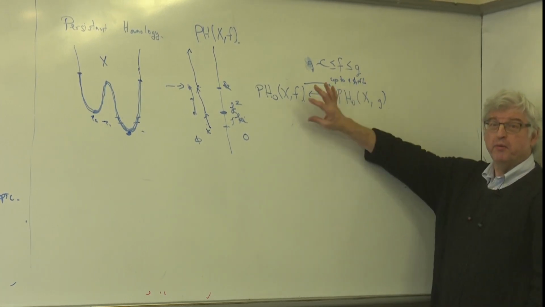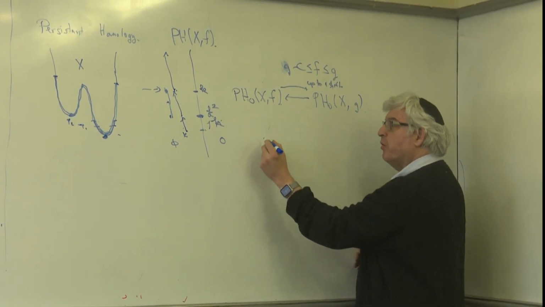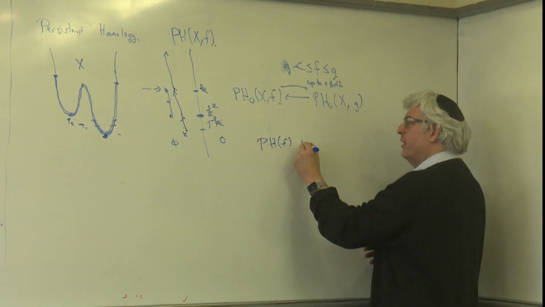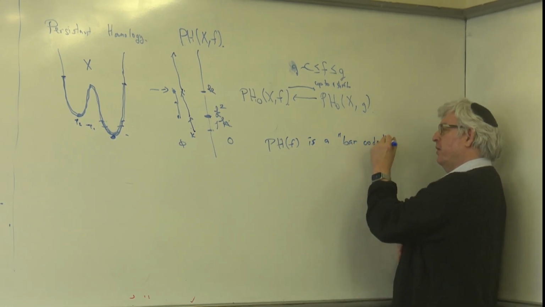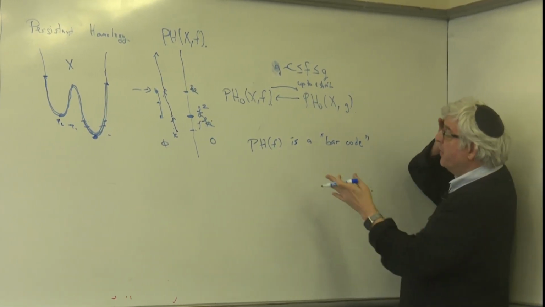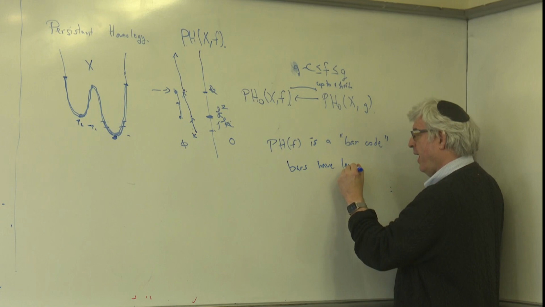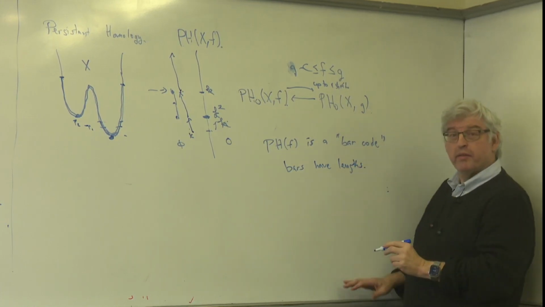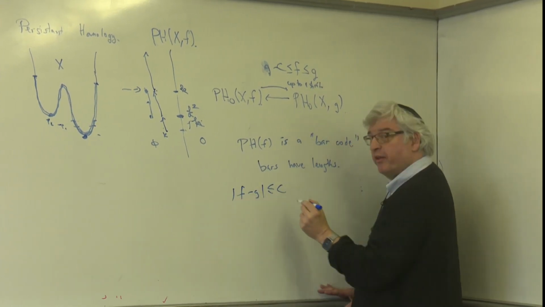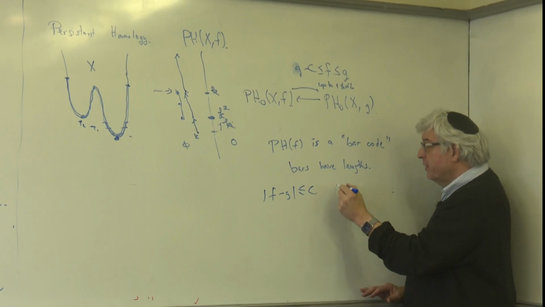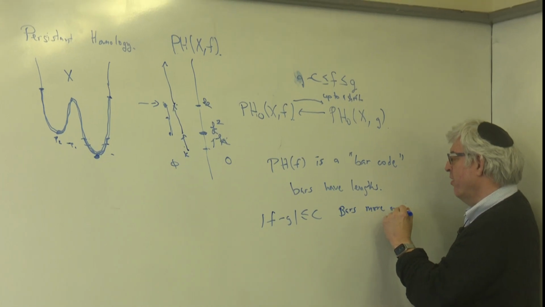Let me just comment. The persistent homology of F is a barcode, and the bars have lengths, and if F minus G is less than some constant, the bars more or less coincide.